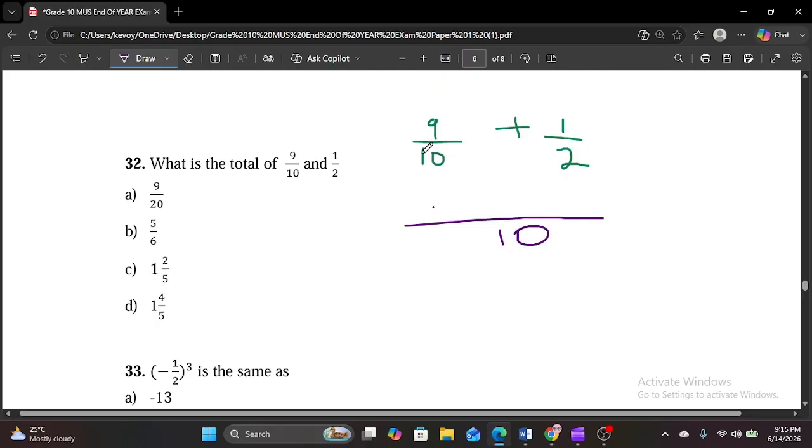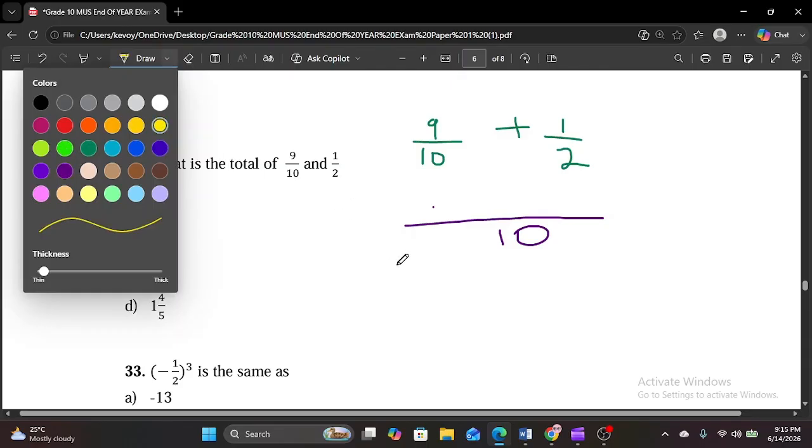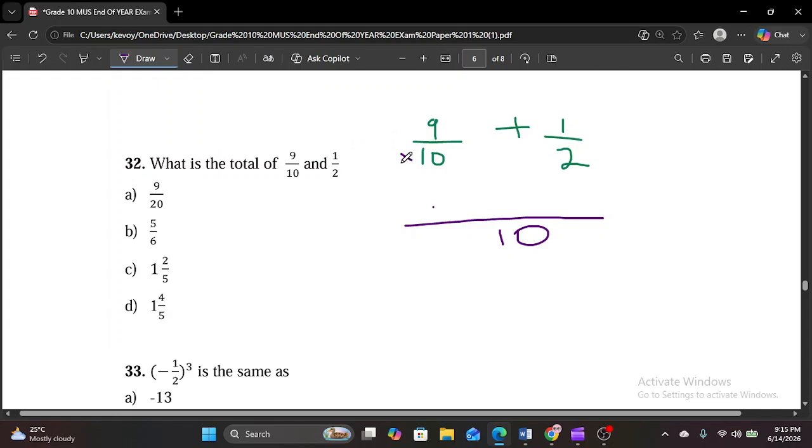What number did you multiply 10 by to get 10? That's going to be 1. 1 times 10 is 10. Anything you multiply the bottom by, you must multiply the top. So 1 times 9 is equal to 9. So 9 plus, what do you multiply 2 by to get 10?